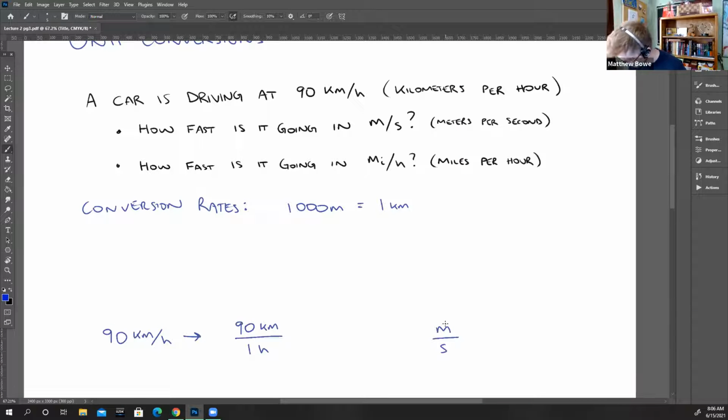We know that 1 hour, the unit is H, is made of 60 minutes. And each minute is made of 60 seconds. So that would be 60 times 60.